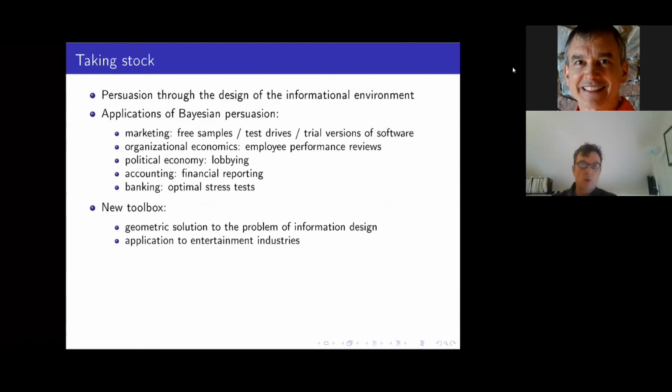That is recent work that started with Emir Kamenica and Matt Gentzkow's paper Bayesian persuasion, that since then has found lots of interesting applications to marketing, organization economics, political economy, accounting, and so on. Many of the applications started out by thinking about the single receiver, so basically decision problems. In the work that I've been doing, I was particularly interested in strategic environments. That is when we have many receivers and we want to coordinate the receivers. So that's a beautiful and rich area of study.